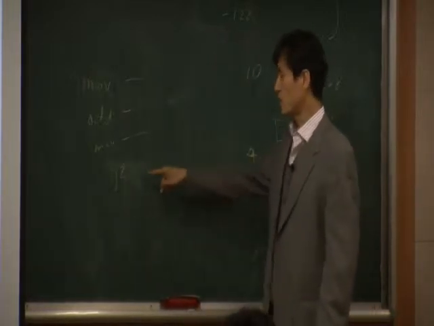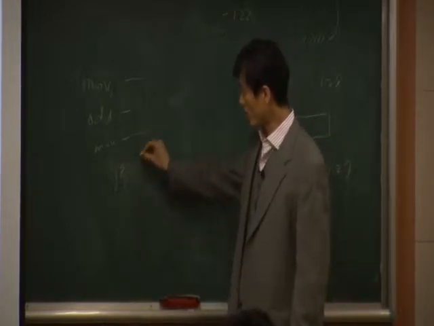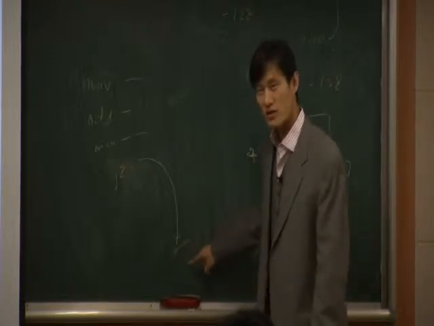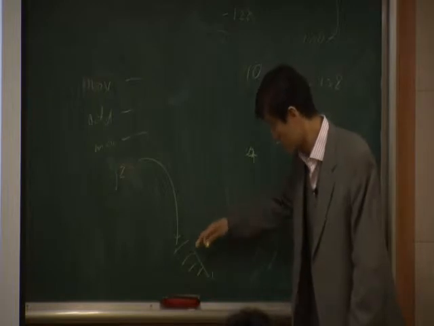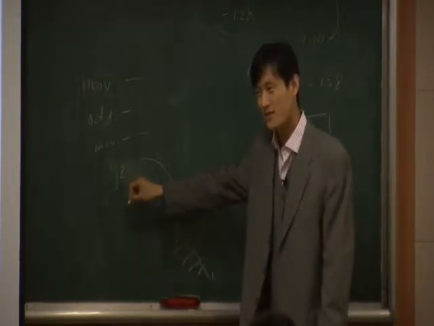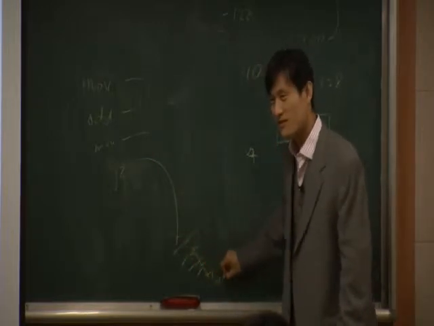But whenever you have jump, either conditional jump or unconditional jump, when you jump, then this is your new instruction, and you just keep going from there, right? You are not going to come back because you jump. That's it, right? You are starting here.